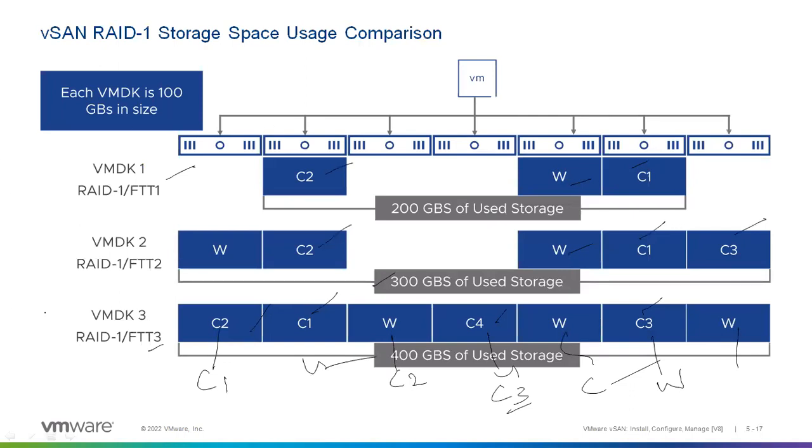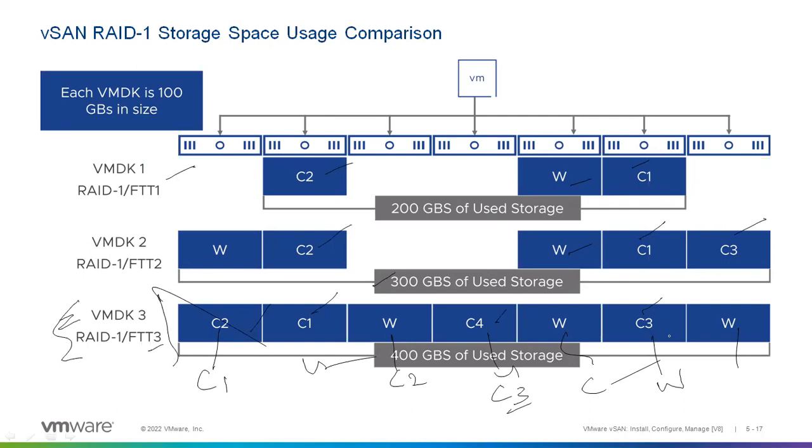When I say RAID 1 FTT3, I require a bare minimum of 7. If I have 14 hosts, just as an example, and I'm applying this policy within those 14 hosts, it doesn't mean it will follow the same pattern and only consume the first 7 hosts. It's always dynamic. Maybe this time my object goes to another 7 nodes, maybe next time to another 7 nodes. Maybe next time my C1 will be created on node 1, maybe on node 2, node 3, or node 4.